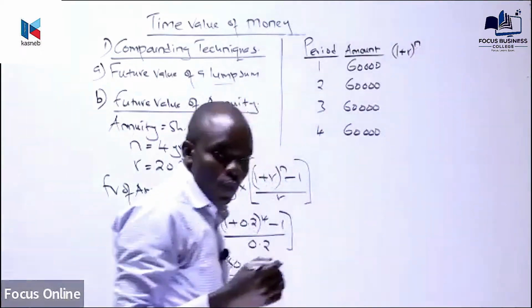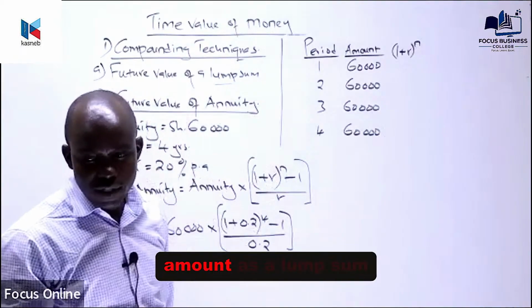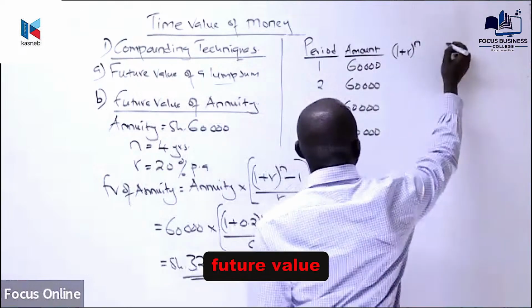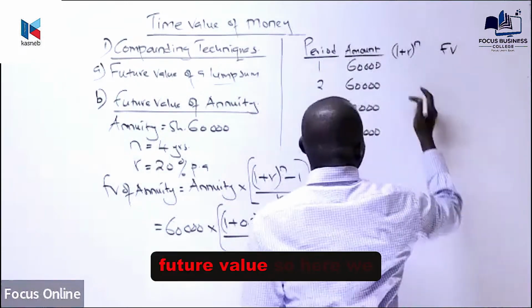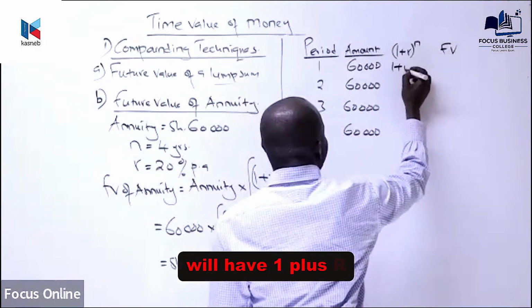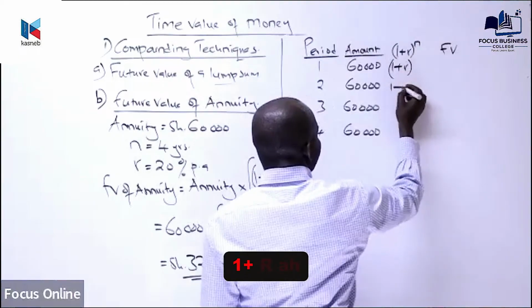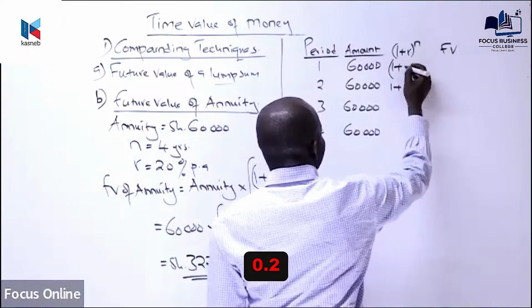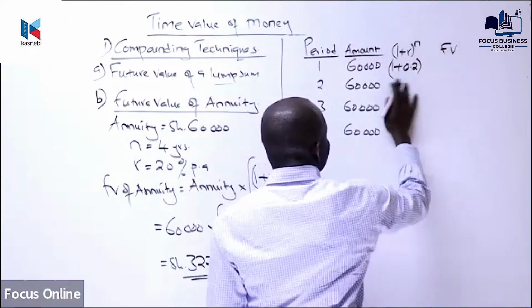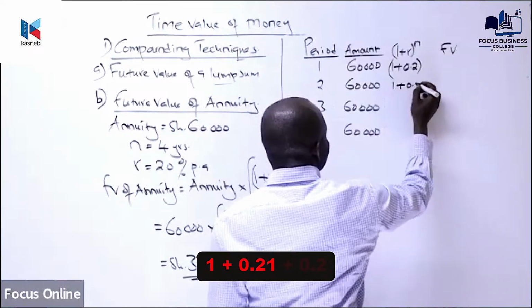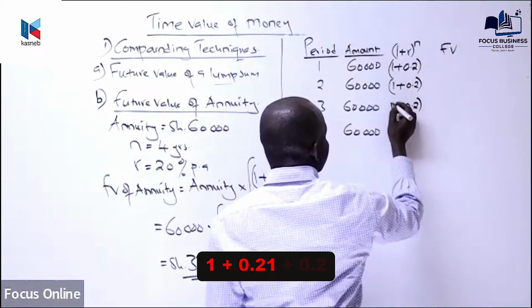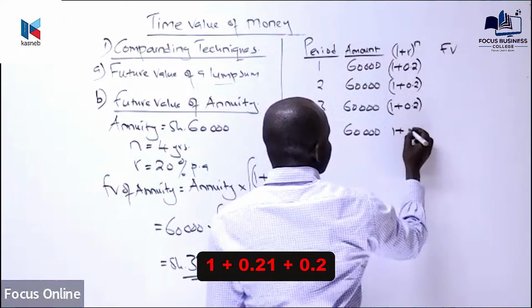If we want to treat each amount as a lump sum, then here we will have future value, so we will have 1 plus r, where r is 0.2: 1 plus 0.2.